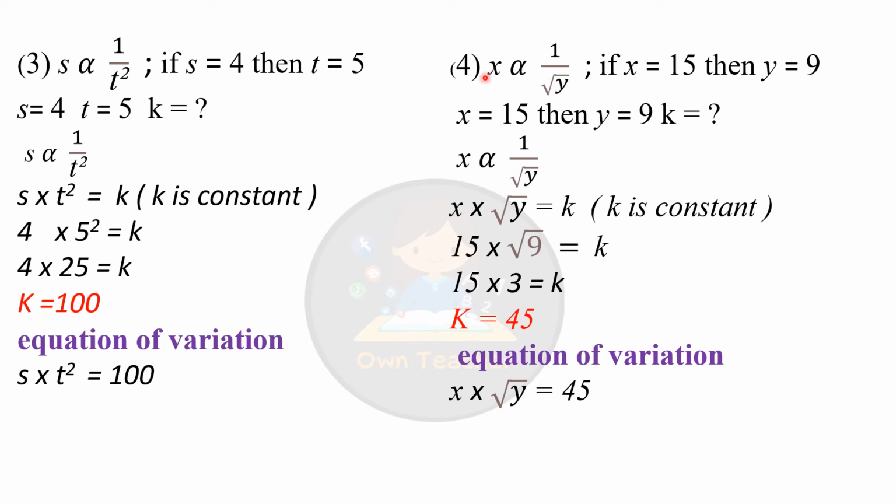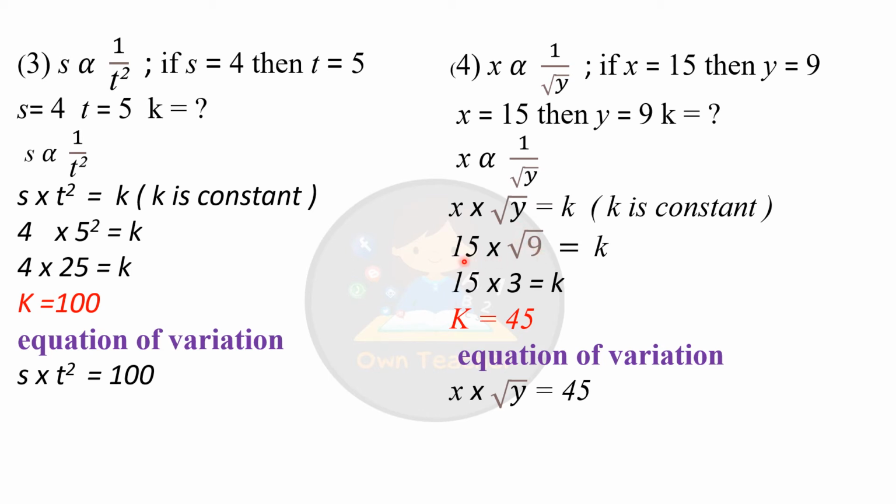The fourth example, X is inverse proportional to square root Y. If X is equal to 15, then Y is equal to 9. So what is the value of K? X is inverse proportional to square root Y. So X into square root Y is equal to K. Now we will put the value of X and Y. Value of X is 15 and value of Y is 9.